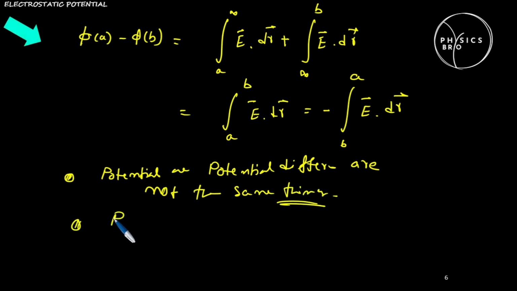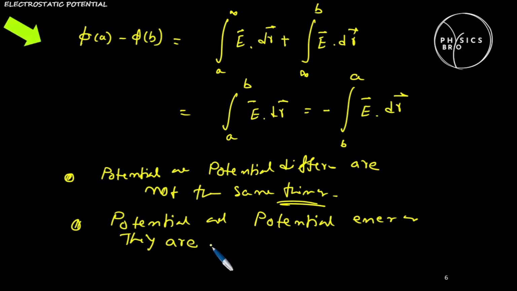Secondly, potential and potential energy are not the same thing. So we can calculate it easily, because if we can find E, then we can find E dot dr easily.